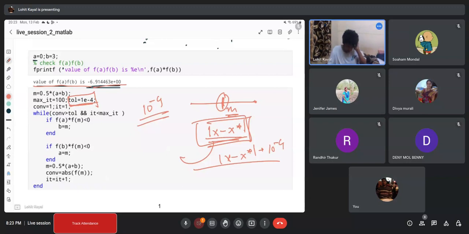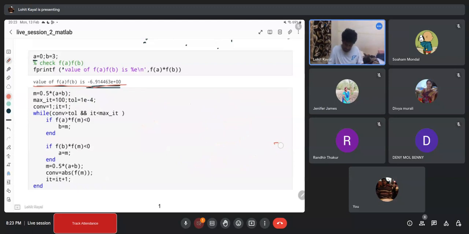Now here a loop. I am using a loop. This is a while loop. So the syntax is: while something is true, then the loop will work.